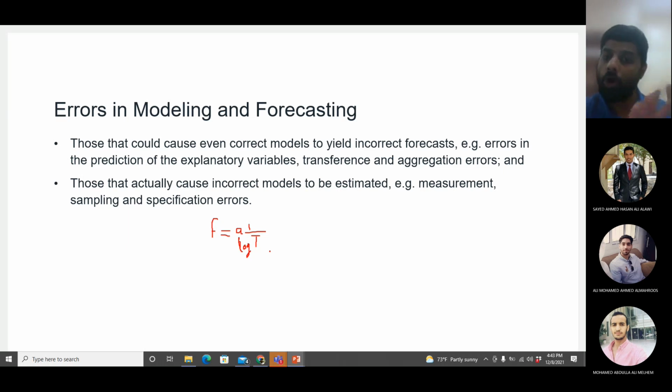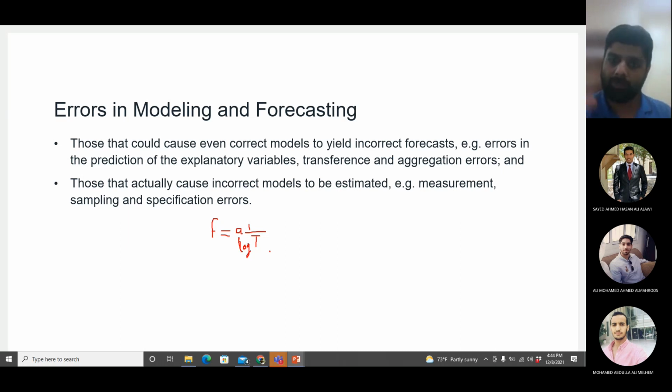Because all reviewers know that in the software you can put anything and the software will give you some answers. The software is not smart enough, or the equations are not smart enough, to select the variables for you.